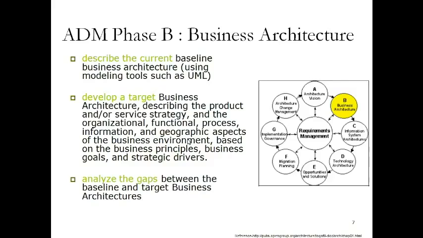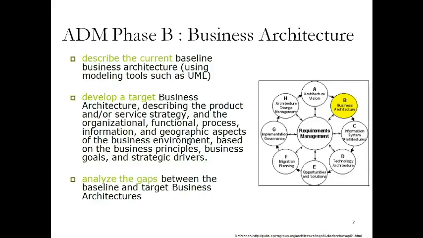Then we develop a target business architecture. We describe the product or service strategies and the organizational, functional, process, information, and geographical aspects of the business environment based on the business principles and business goals and strategies.